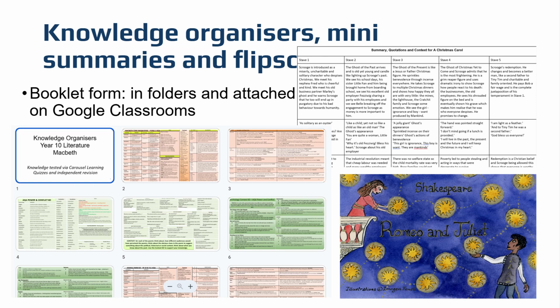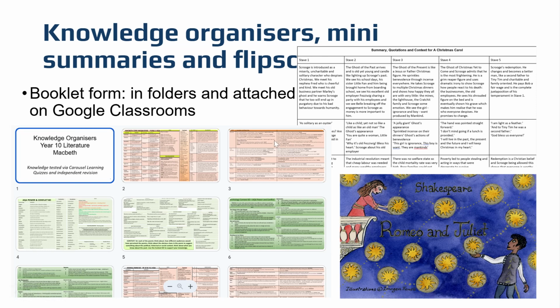I just wanted to share with you as well the things that we used alongside the A3 revision. So students could use their memory, but we would also provide them with a mini summary, which is here. This one is A Christmas Carol, but we have these for all of the texts, and it's a stave by stave summary of what happens, quotations, context and intentions.